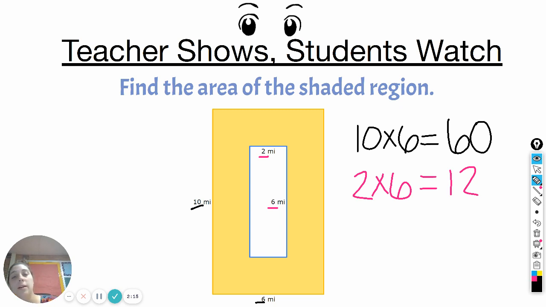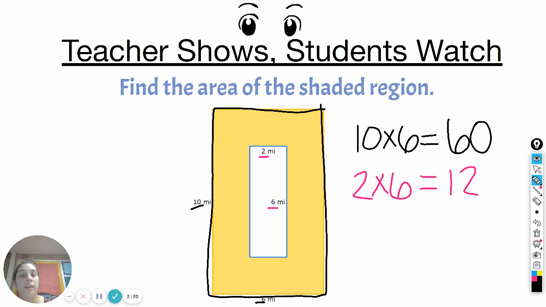So the area of the whole yellow rectangle is 60. The area of this pink, or this white rectangle in the middle, is 12.